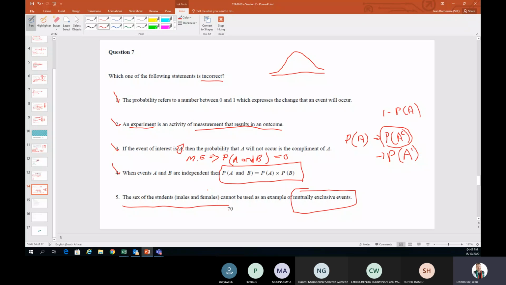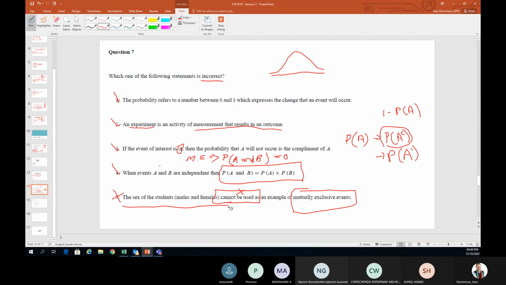But it is nearly the same as you cannot at one moment be in one province and in another province. So mutually exclusive just shows that. You can't have at the same time blue eyes and green eyes. So I think that just shows it is mutually exclusive. Because they say it cannot be used, that is the one that is incorrect.